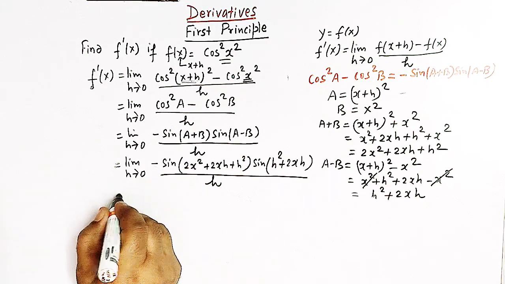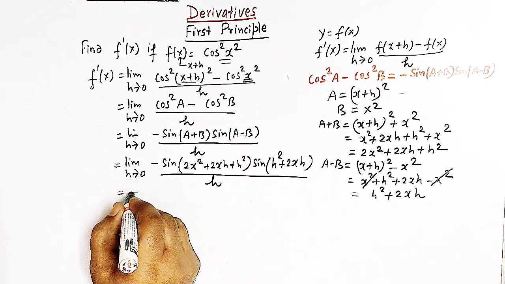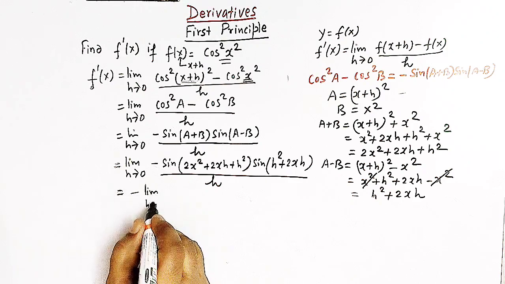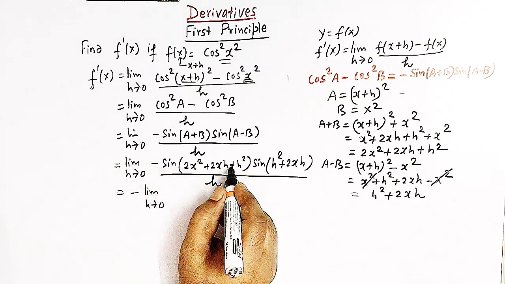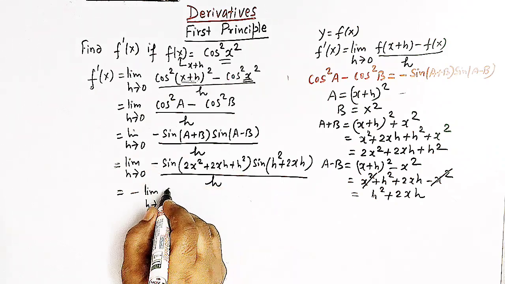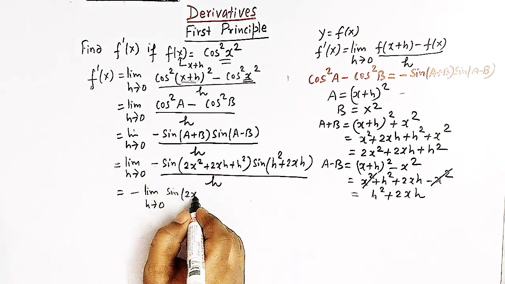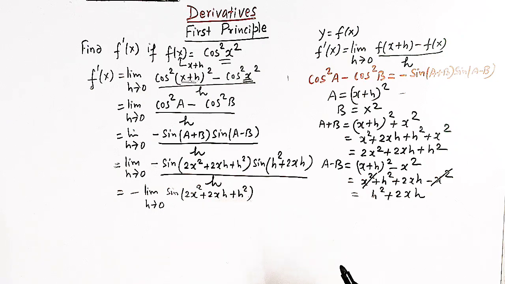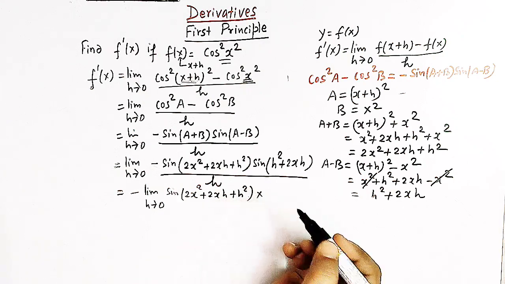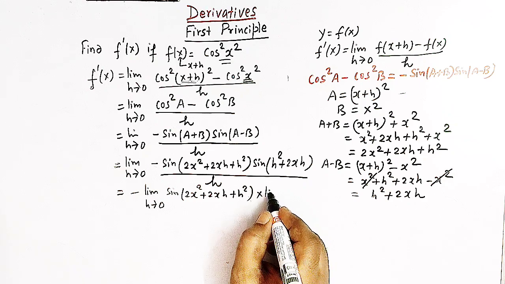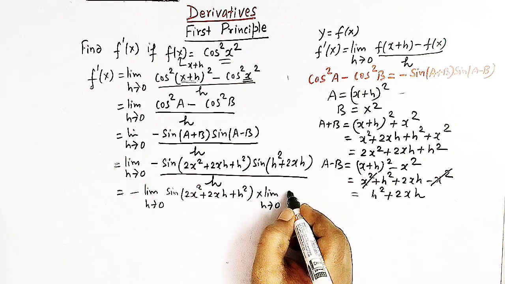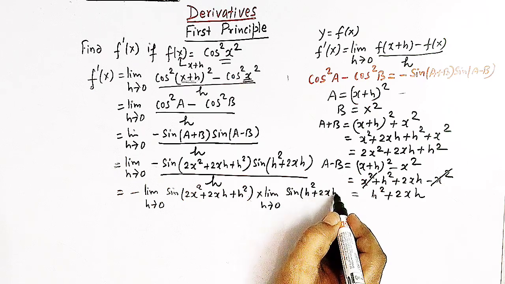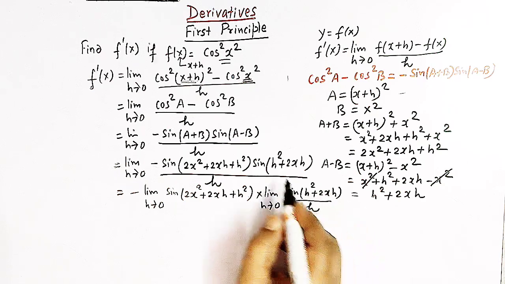So now let us take this negative sign outside, and we have limit h tends to 0. First we'll take this expression only, that is the sine of 2x square plus 2xh plus h square, right? And then we can now take limit h tends to 0 and the sine of h square plus 2xh divided by h, right?